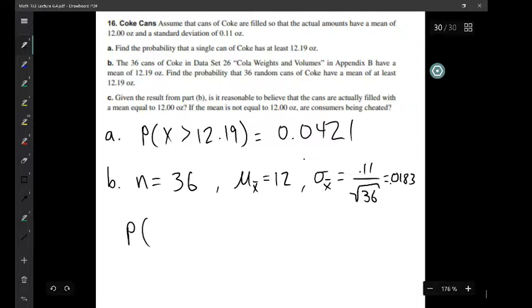So the probability that, let's write this out, 36 random cans of Coke have a mean of at least 12.19. So probability 36 cans have mean greater than or equal to 12.19.